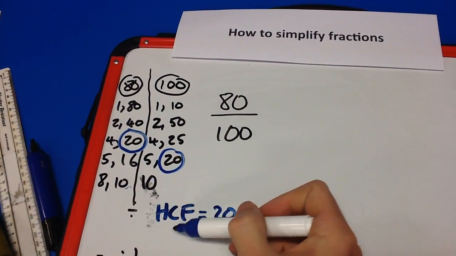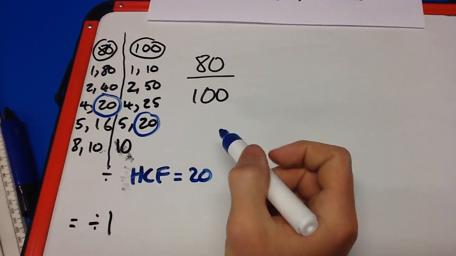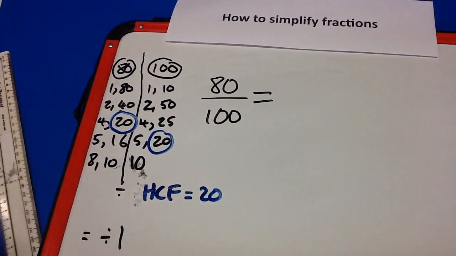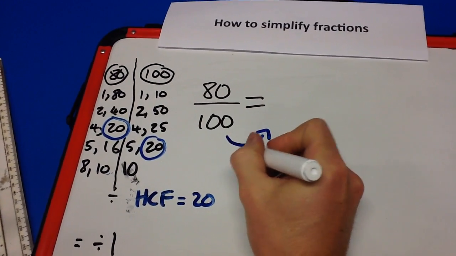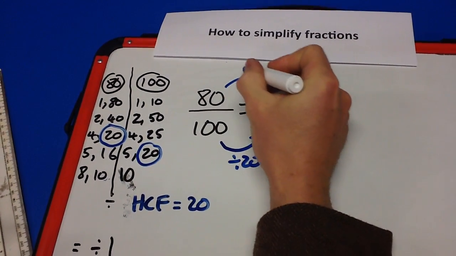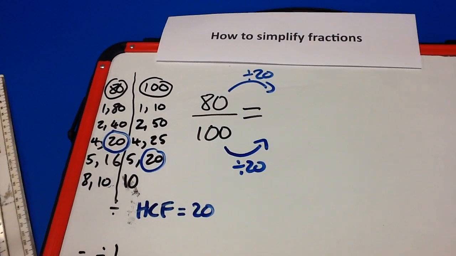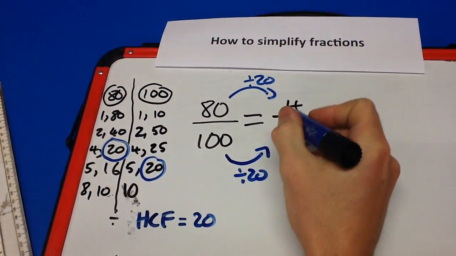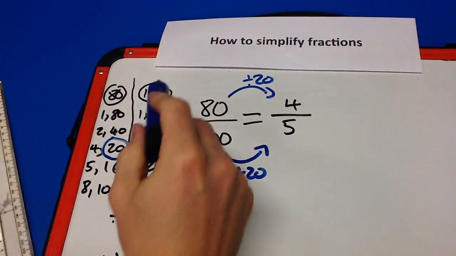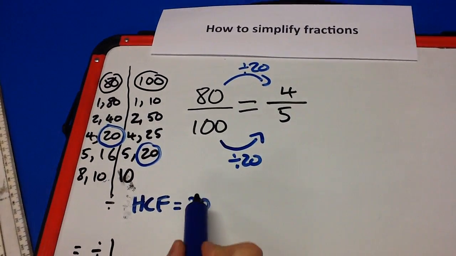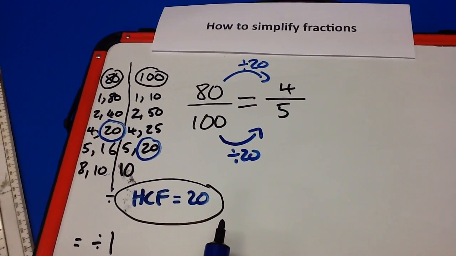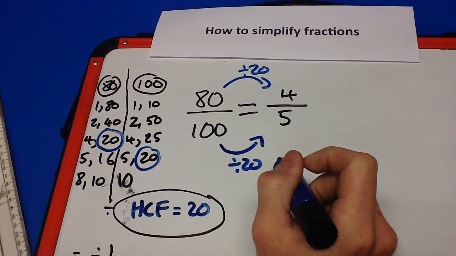This is why you should be doing your factors before you do your fractions. So we are going to now divide top and bottom by 20 because they are both divisible by 20. 80 divided by 20 is 4, 100 divided by 20 is 5. So in all fractions, if you can find the highest common factor of them both, you'll be able to simplify it to its simplest form straight away.